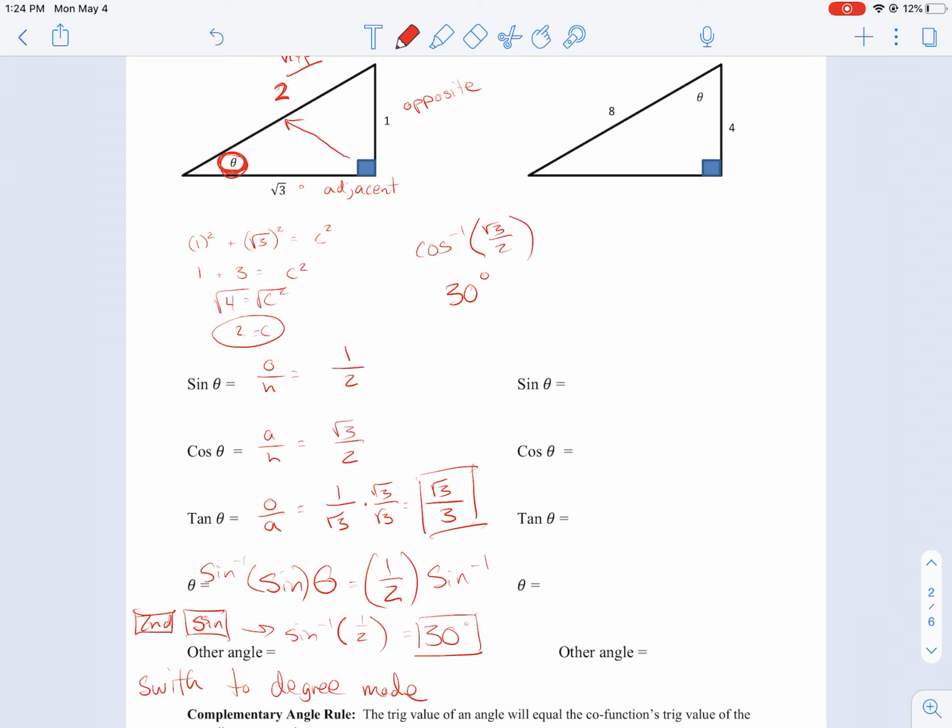And last but not least, if you want to try the tangent, square root 3/3. Type that in. So second tan, so you should get tan to the -1. We're going to go second square root 3 divided by 3, and voila. For each case, we get 30 degrees.